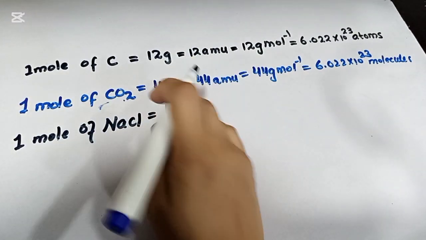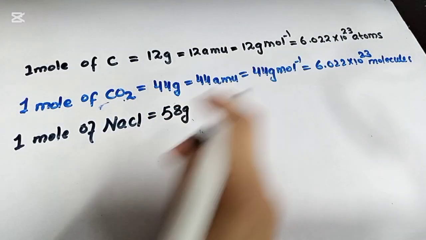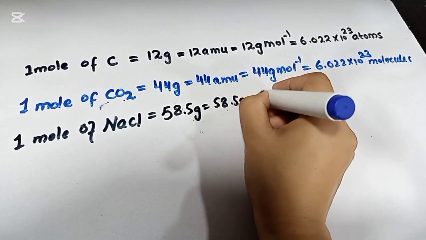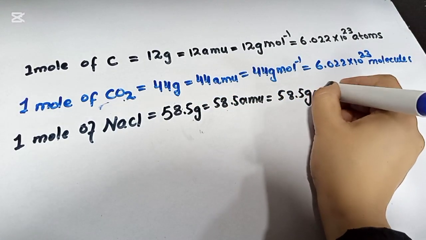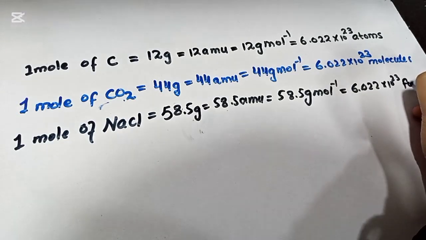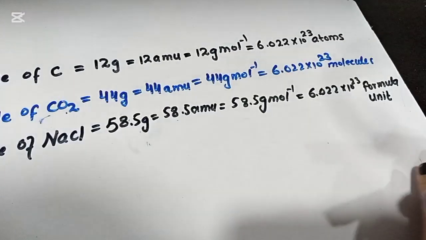1 mole of NaCl, an ionic compound, is 58.5 gram, 58.5 AMU, and 58.5 gram per mole, and contains 6.02 × 10^23 formula units.